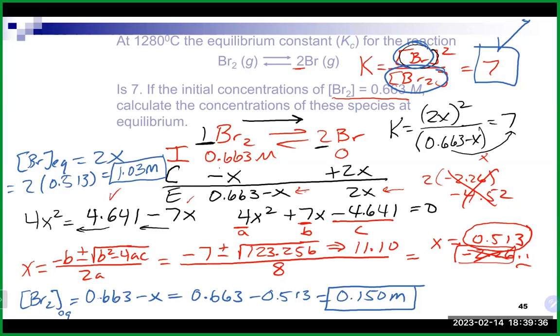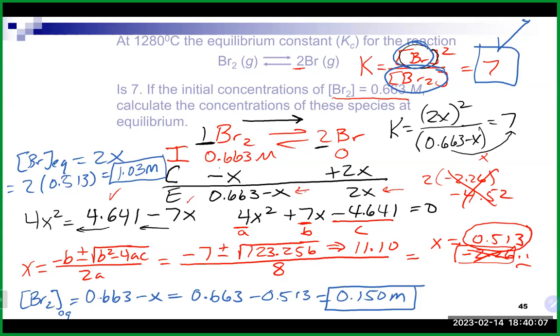You will definitely not, in most cases, get exactly the value for K, but you definitely should be within the ballpark of just rounding difference, but you should not be super far away. So sometimes there's a lot of factoring that you got to do. There's a lot of numbers you got to carry over, and sometimes people miss it or something like that. So it's a good way at the end to make sure, hopefully, that you did it correctly. Any questions on any of those steps there?